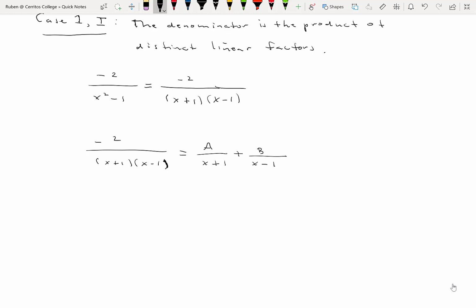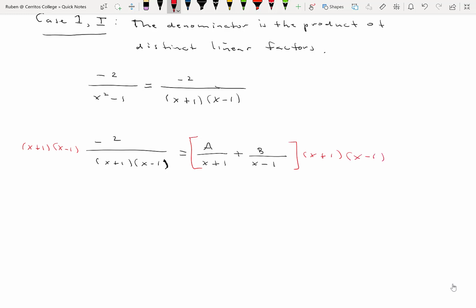Then we perform some algebra. Once we make this assumption that we can break the rational expression that we're integrating into the sum of simpler expressions, we go after A and B. What we're going to do is multiply both sides by the least common denominator of x plus 1 times x minus 1, and ultimately figure out what those constants A and B should be.